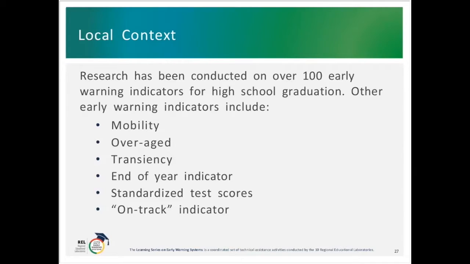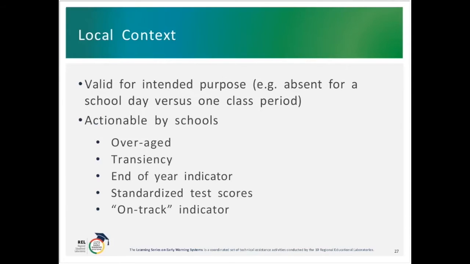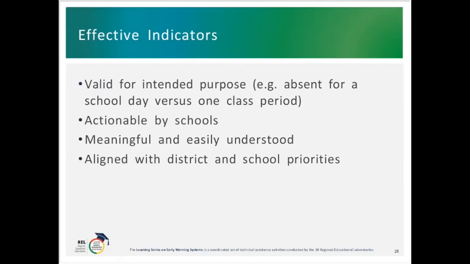Some of these are individual aspects, and some of these are composite. That last one, an on-track indicator, combines a couple of different data points to determine if a student is at risk or not. So all this is to say that there are a lot of different ways you can look at this and types of indicators you can use, and it's really important to take your local context into account as you're thinking about what indicators you want to have in your early warning system.